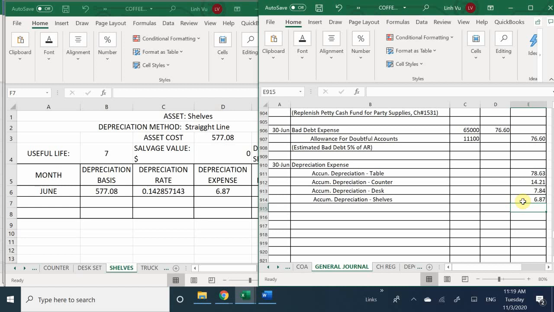So now that I've gone through that, next should be my office equipment. Office equipment will entail the computer, printer, and cash register.